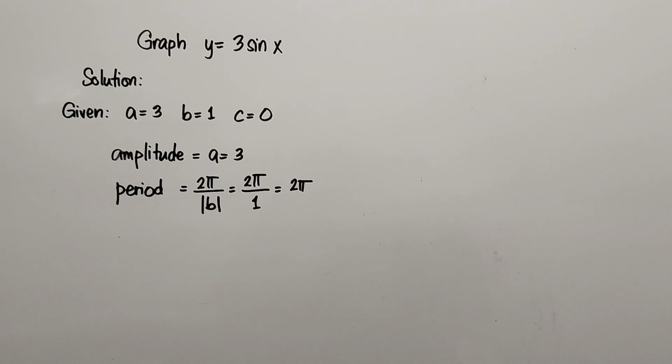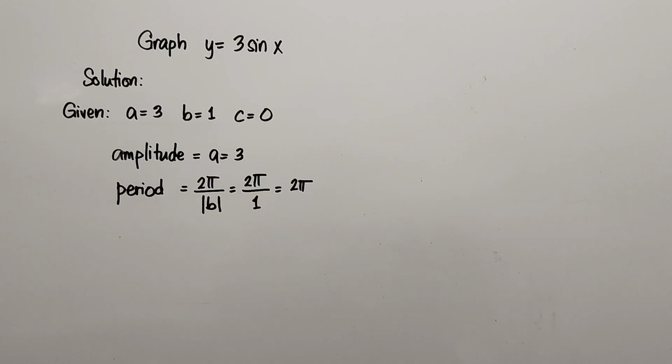And accordingly, amplitude is the value of our a, therefore, the amplitude is 3 units. That means to say from the x-axis, we will be using points 3 units up and 3 units down. For our period, that is 2 pi over the absolute value of b. And since the b is equal to 1, so the absolute value of 1 is 1, therefore 2 pi divided by 1 is 2 pi.